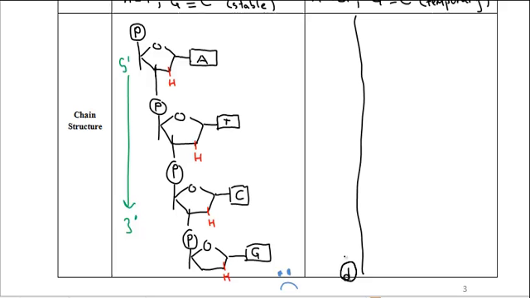Again, get the phosphate attached to the sugar, attached to the base. And what's going to complement with the G? That's right, a C. How many bonds? Very good, 3. Then off that 3' carbon, we're going to attach the next nucleotide.